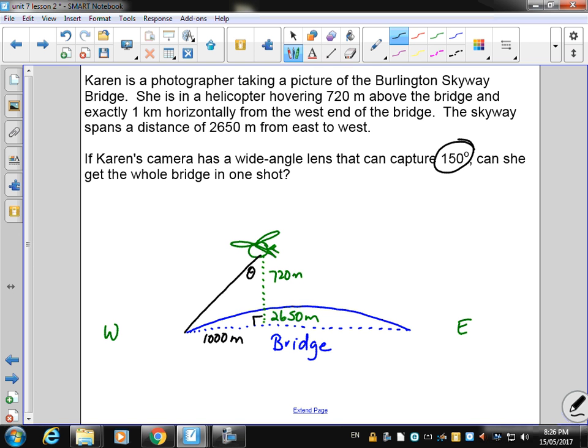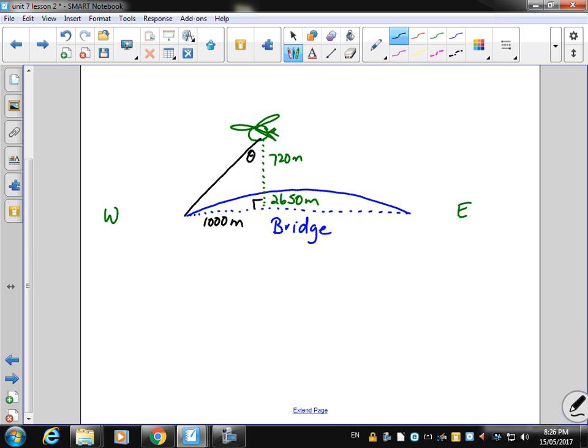If we know 720 meters and 1,000 meters, I need to use SOHCAHTOA to find that angle. The hypotenuse is this line of sight. We don't care about that, but the 1,000 meters is opposite and the 720 meters is adjacent.